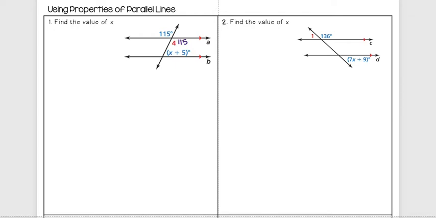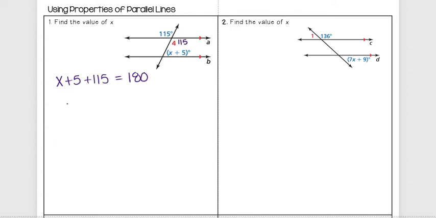And so I see that these two angles are on the inside of my two lines, and they're on the same side of the transversal. So that means they're consecutive interior angles. And something that we learned is that consecutive interior angles add to 180. So to solve for x here, I'm going to do x plus 5 plus 115 is equal to 180.